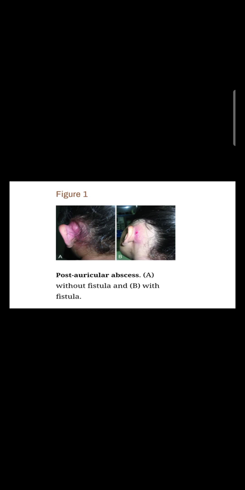This picture shows on the left a post-auricular abscess without a fistula, and on the right with a fistula. This picture shows the CT of the skull that shows a subperiosteal abscess on the left, axial view, and on the right, B, coronal view, with the arrow pointing towards the sigmoid sinus thrombosis.